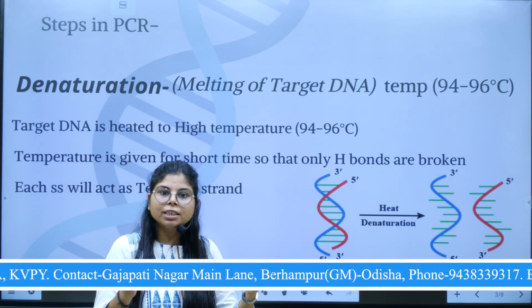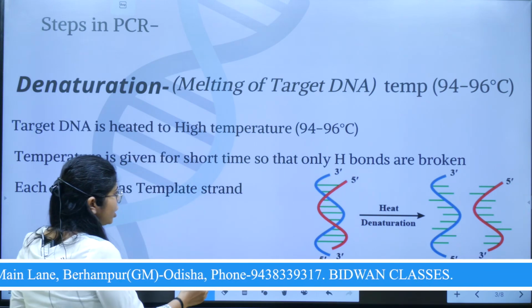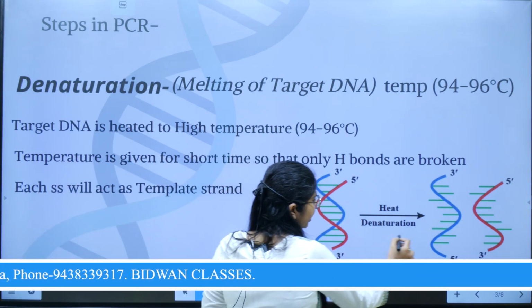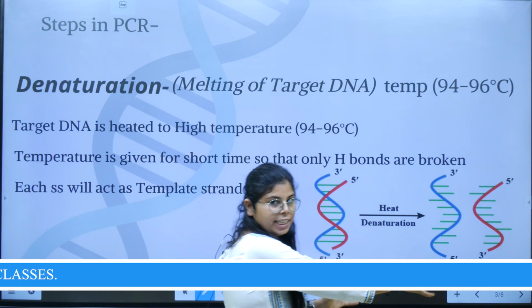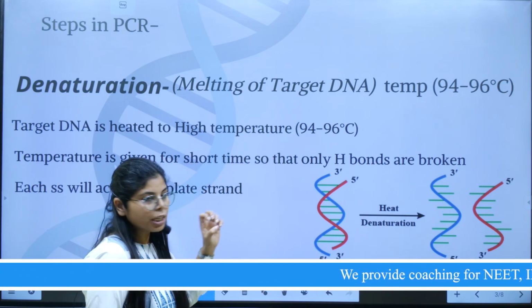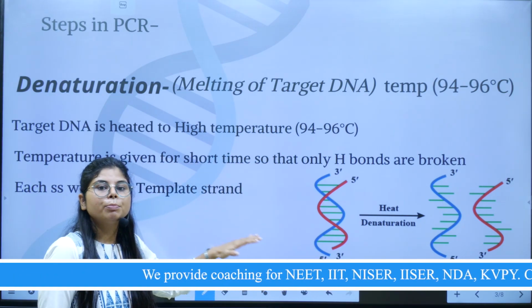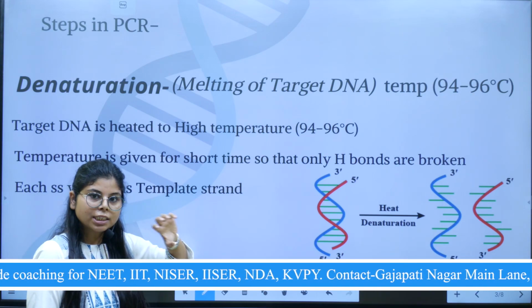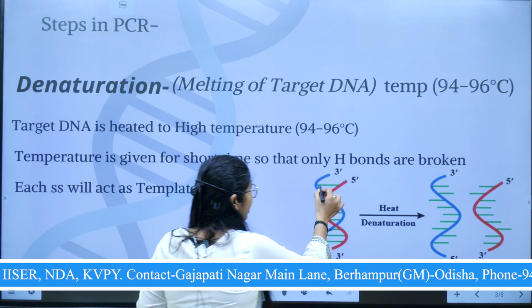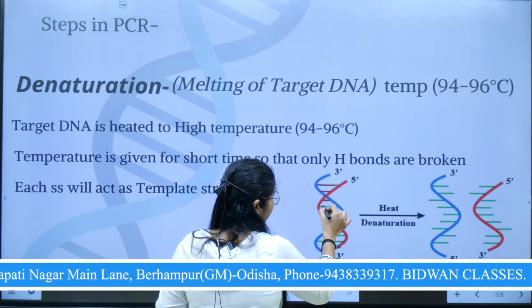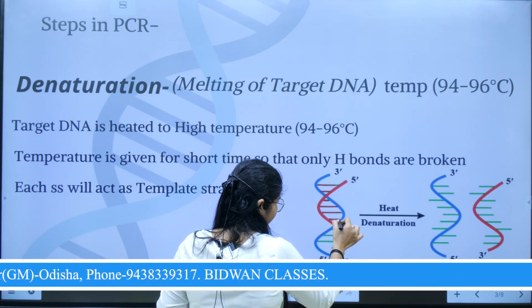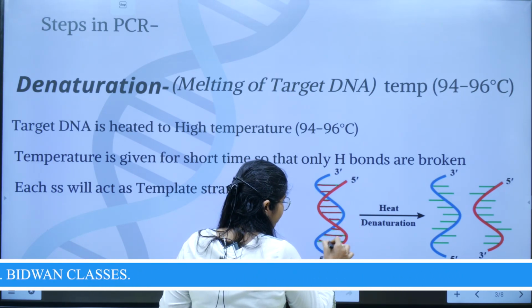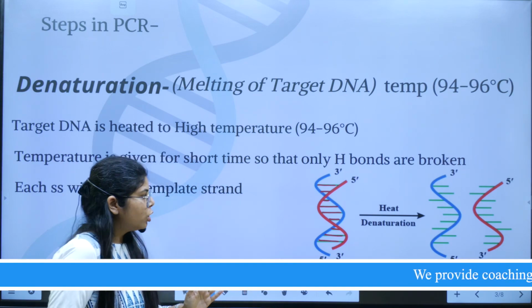If there are two strands and you provide them higher temperature, they will get denatured. We have to keep in mind that the temperature should be provided only for a certain amount of time, so that the hydrogen bonds present between the nitrogenous bases are broken.